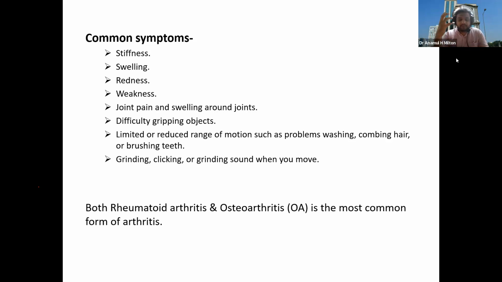So minimize the inflammation and just follow up. Sometimes in the early stage the serological studies are not positive, like anti-CCP is not positive and ESR and CRP are not so high, but that does not mean it is not rheumatoid arthritis. Just follow up. You may find out after 3 to 6 months.